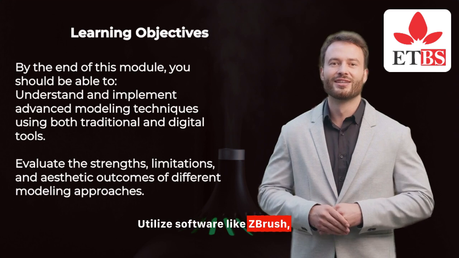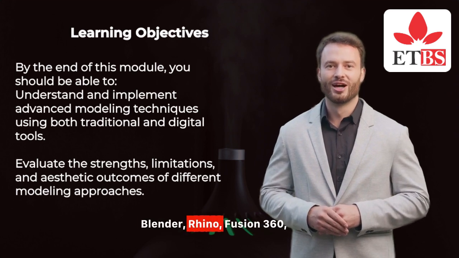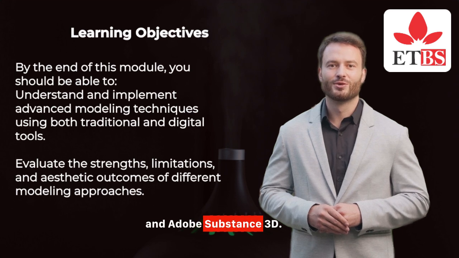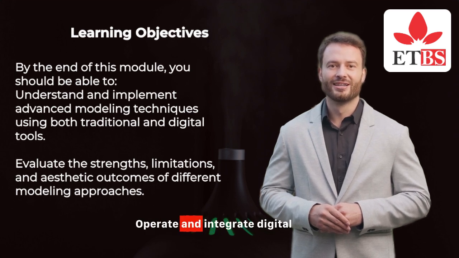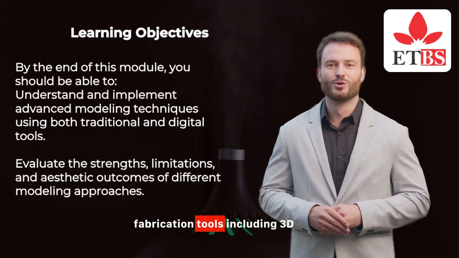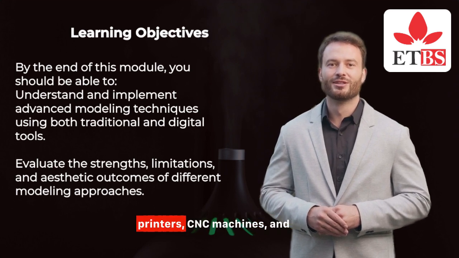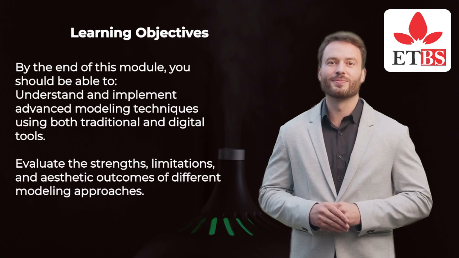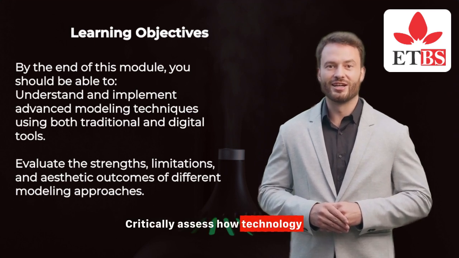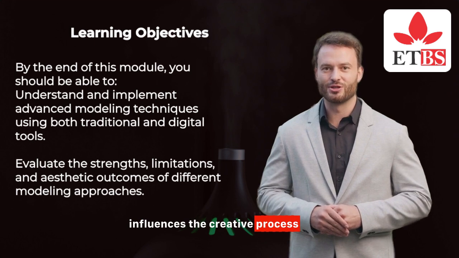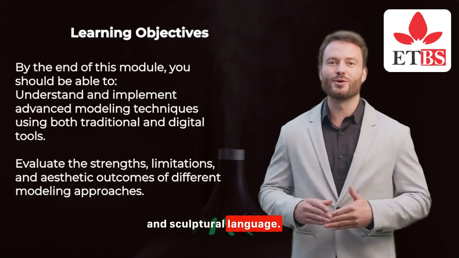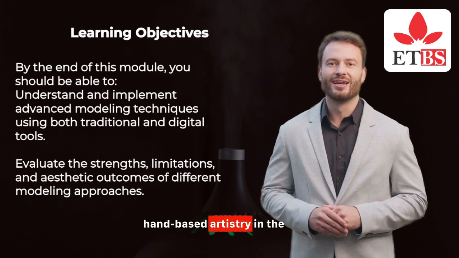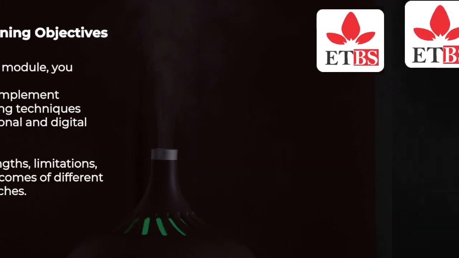Utilize software like ZBrush, Blender, Rhino, Fusion 360, and Adobe Substance 3D. Operate and integrate digital fabrication tools, including 3D printers, CNC machines, and laser cutters. Critically assess how technology influences the creative process and sculptural language. Preserve the integrity of hand-based artistry in the era of automation.